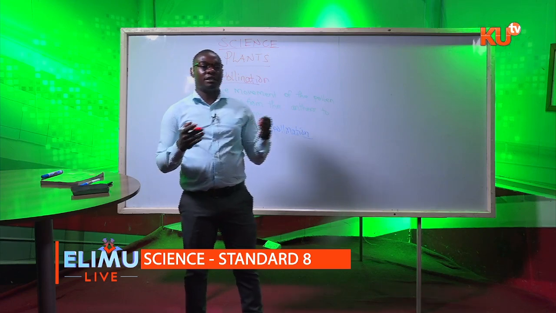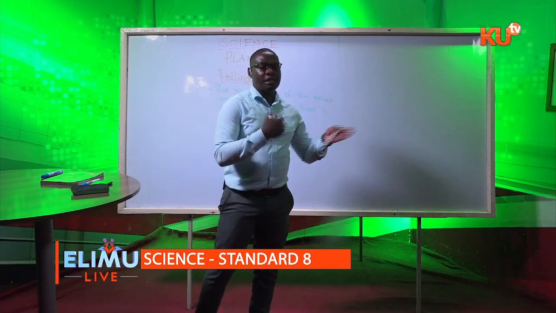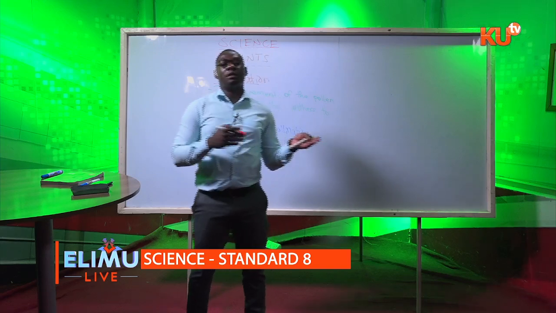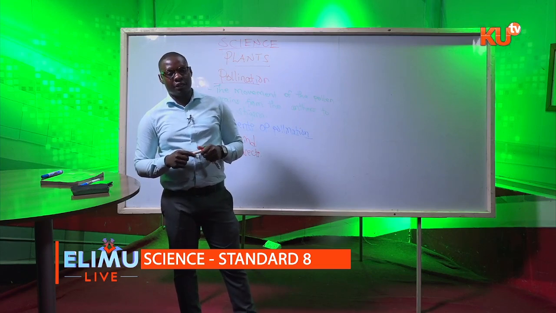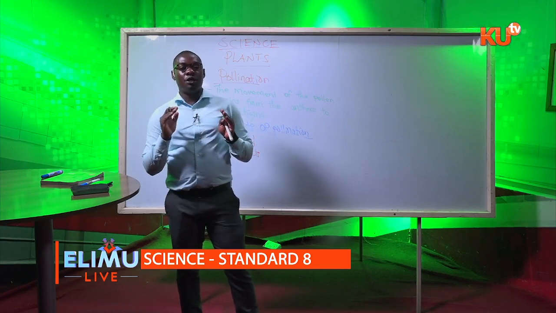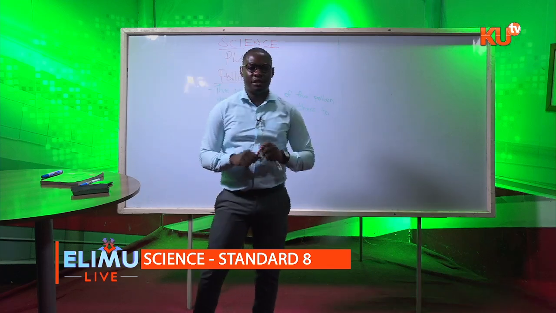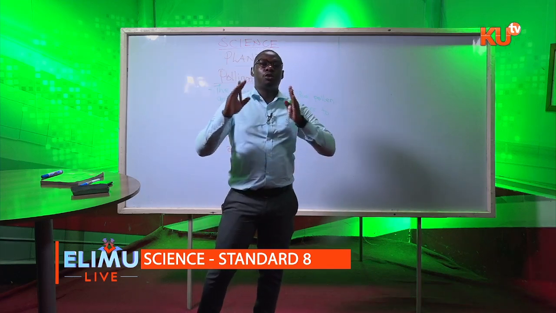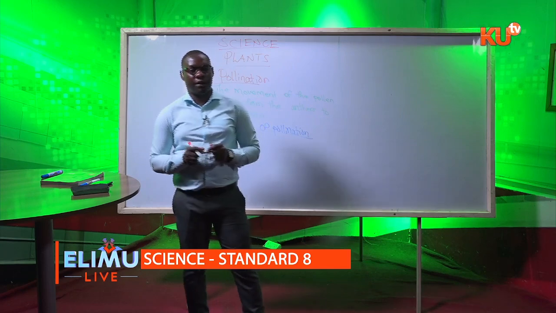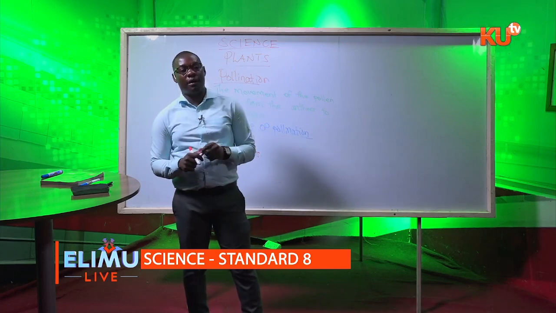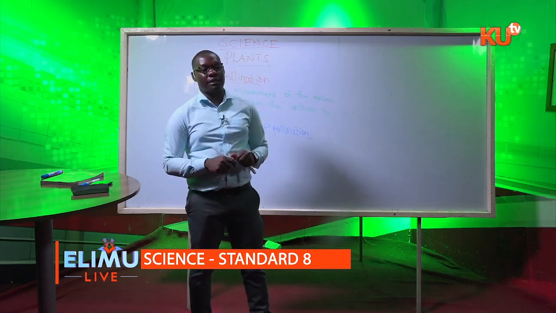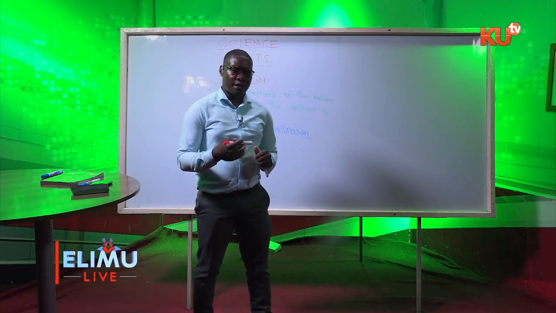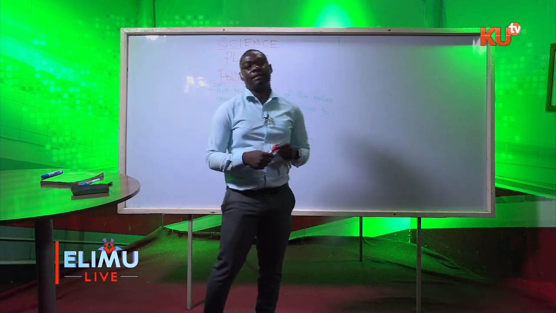We are going to see what the difference is. Why should this flower be pollinated by insects, and why should this other flower be pollinated by wind? So we are going to look at insect-pollinated flowers, and we're also going to look at wind-pollinated flowers. Insect-pollinated flowers will be different from wind-pollinated flowers, and the difference will come based on their characteristics.